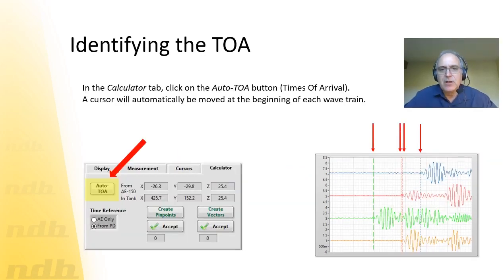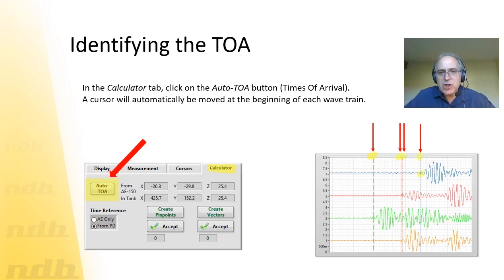The first tool that you should try is the auto TOA, so automatic time of arrival. This is a button in the calculator tab, this one here, just beside the waveform. If you hit the auto TOA, the software will position the time of arrival of each channel.